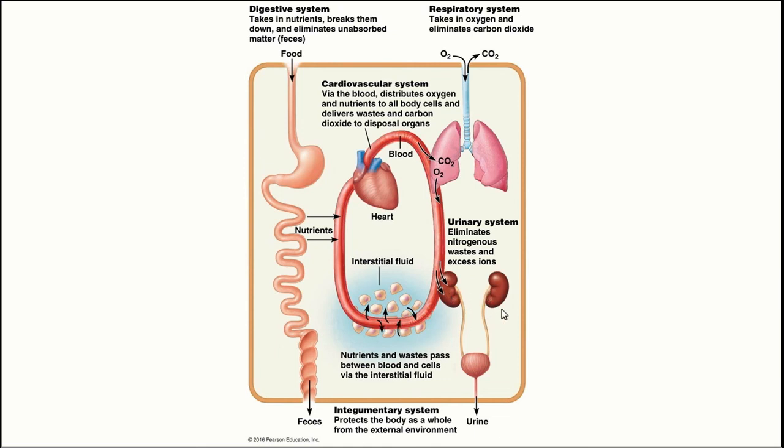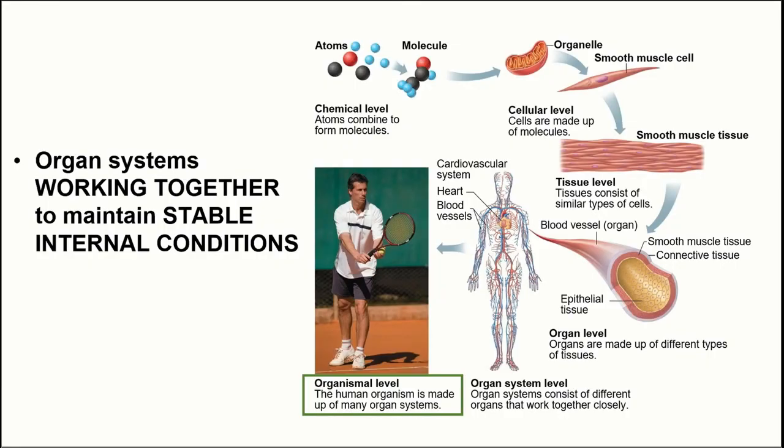And then finally here, the urinary system cleanses that blood by removing nitrogen-containing waste. It also removes some excess ions like sodium and potassium. So the urinary system's job is to eliminate the waste and the excess from the fluid, the blood. So that is a good example illustrating the interconnectedness of the organ systems.